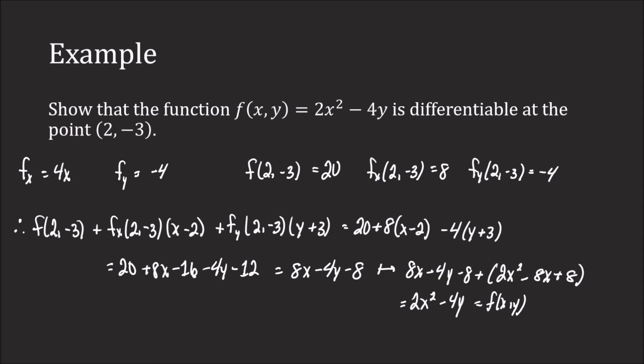Now this term right here is the error term. So what we have to do now is verify that this term satisfies the limit. To do that, I'm going to move on to the next slide.